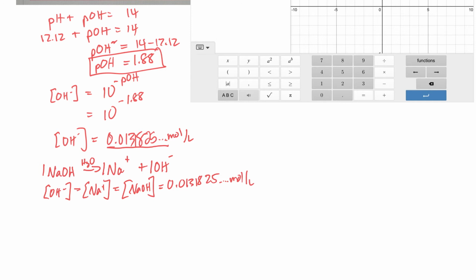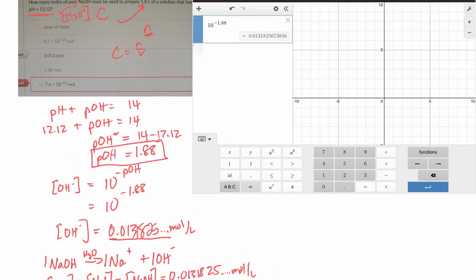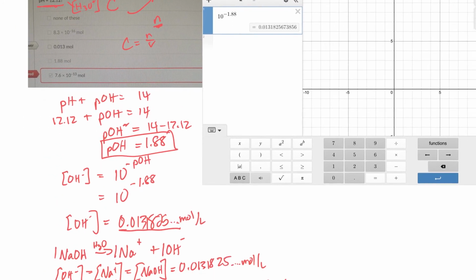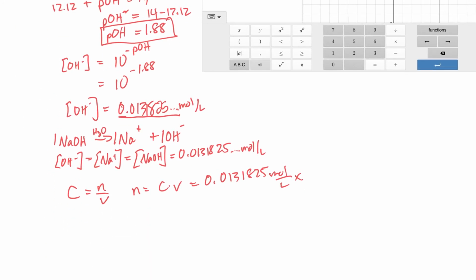So now if they want to know the number of moles, I can use concentration as moles over volume. So moles is equal to C times V. And the C is 0.0131825 moles per liter times the volume. I didn't remember that. 1 liter. Oh, that's an easy one.